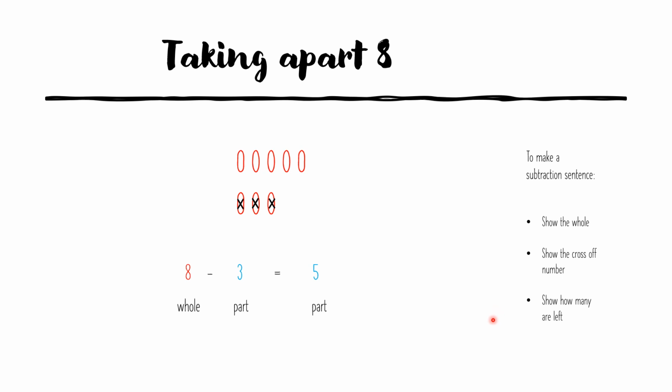Does your subtraction sentence read like this. 8, take away 3 equals 5. Or putting it another way, 8 circles, take away 3 circles equals 5 circles left.